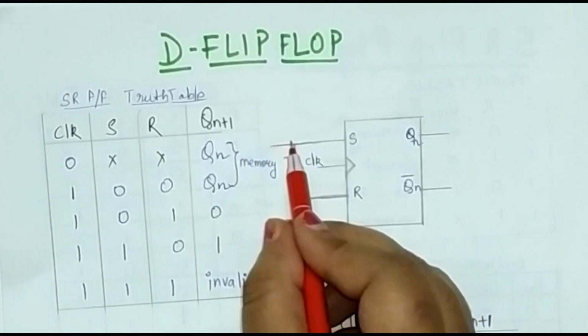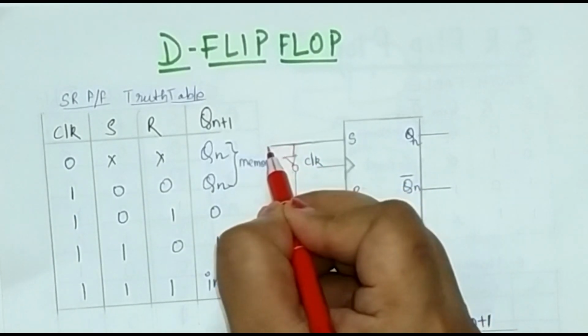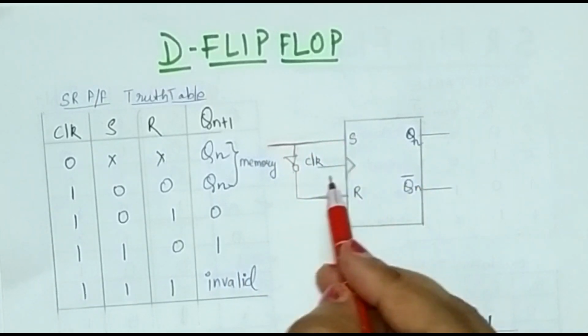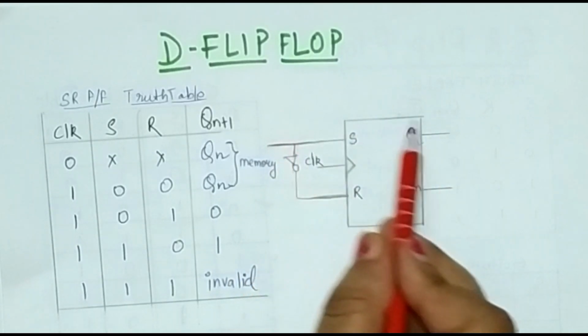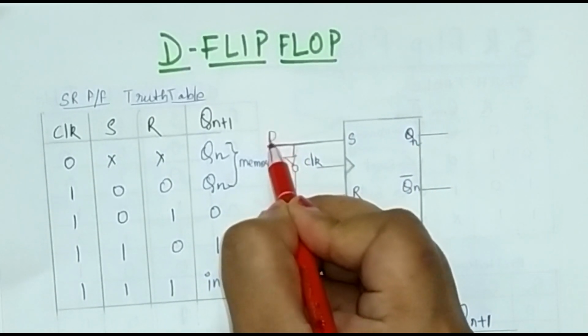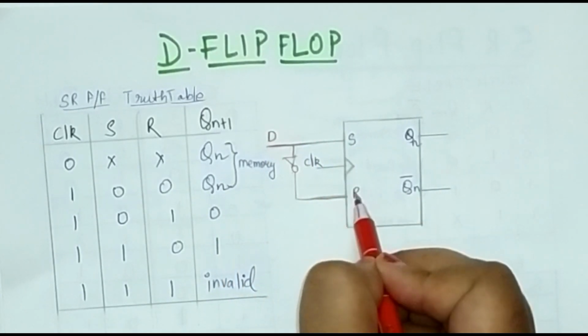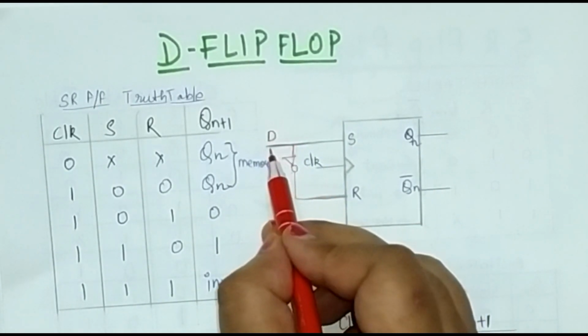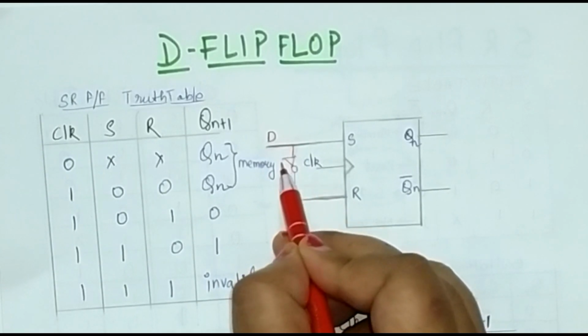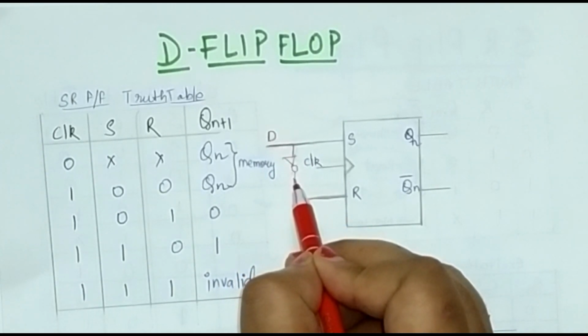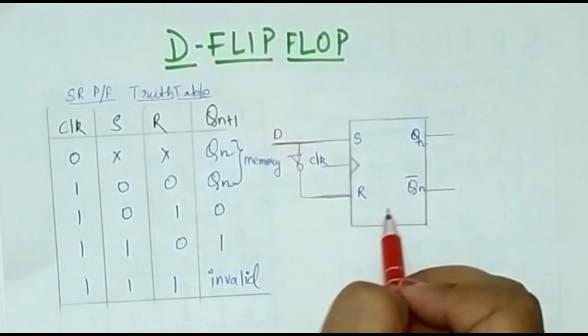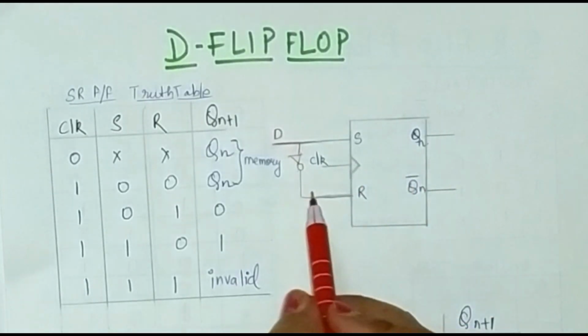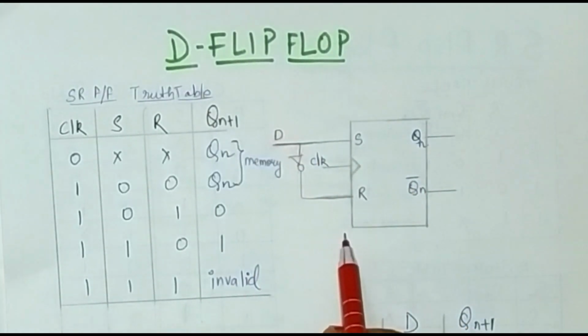There is no need for two separate inputs; we give only one input. So this is now our D flip-flop. Instead of two different inputs, we take a single input and complement it using a NOT gate.